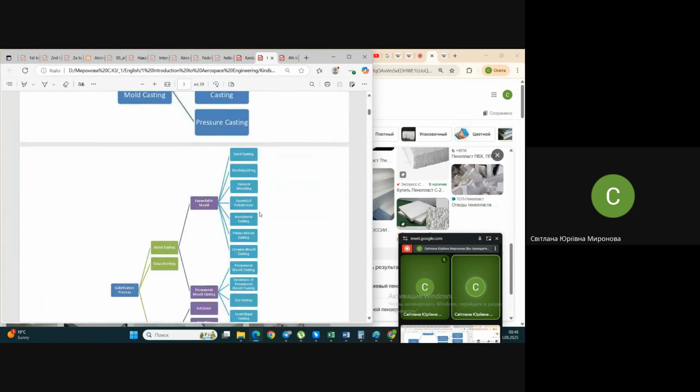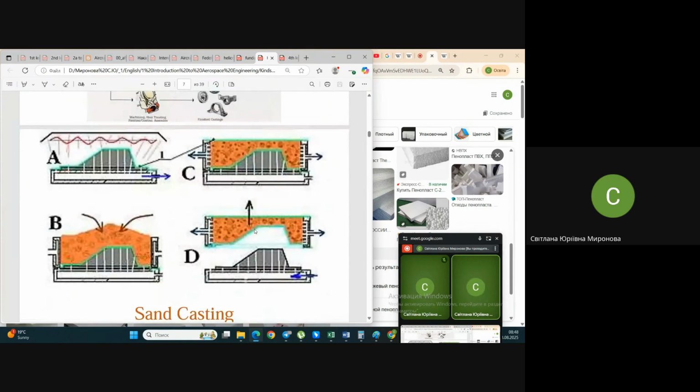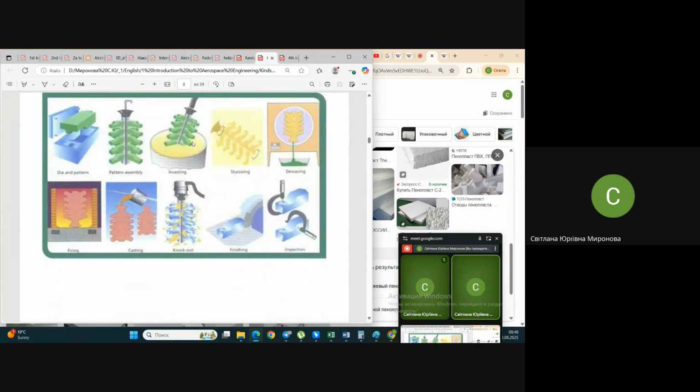Somehow it's similar to the idea of investment casting, how to make a form. We just pour the pattern inside of this melted glass, waiting for solidification of the liquid glass around the pattern.